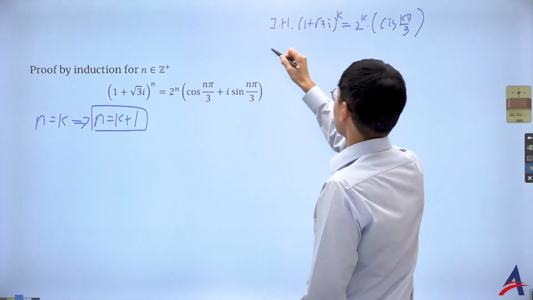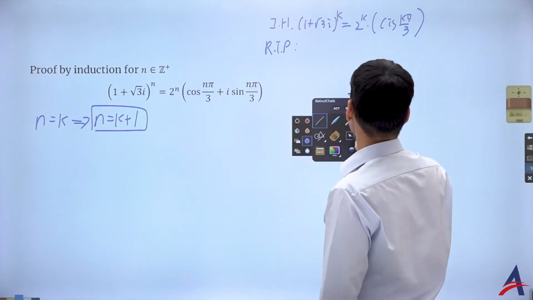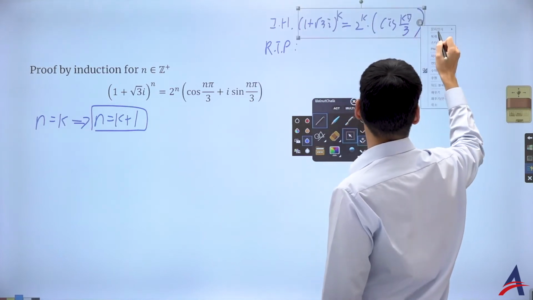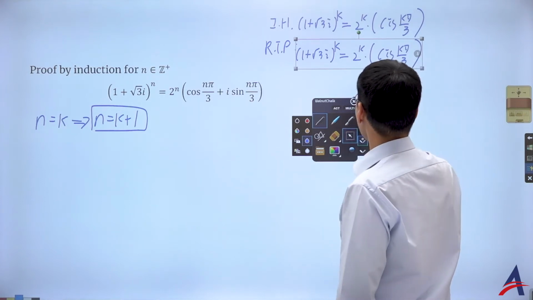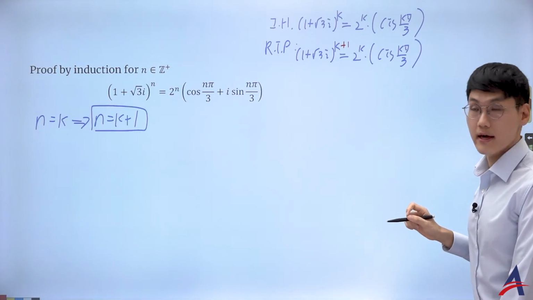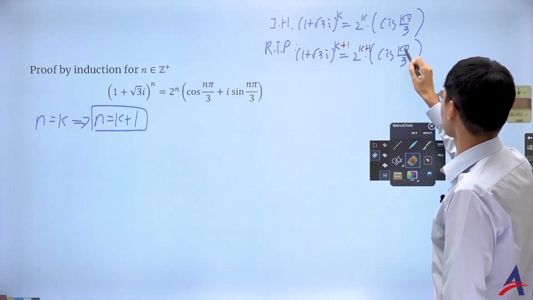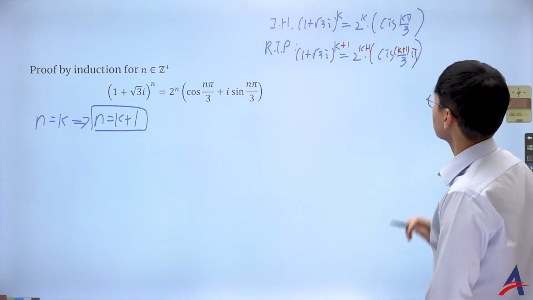So then the result to prove, the RTP, is going to be exactly the same thing, but just raise the power to k plus 1. So I'm going to duplicate this, my friend. That is great. Then I'm going to just raise the power by 1, like that, okay? Then the argument, I have to simply show that it's going to be (k plus 1) pi over 3, okay?